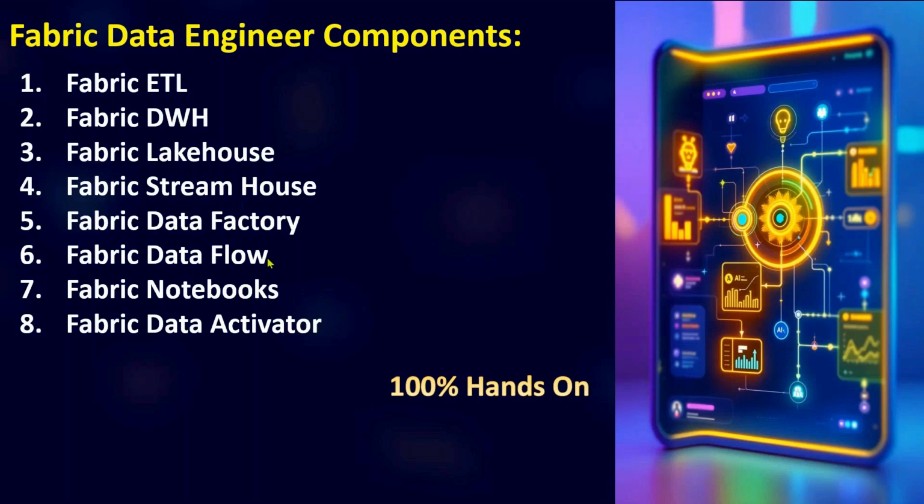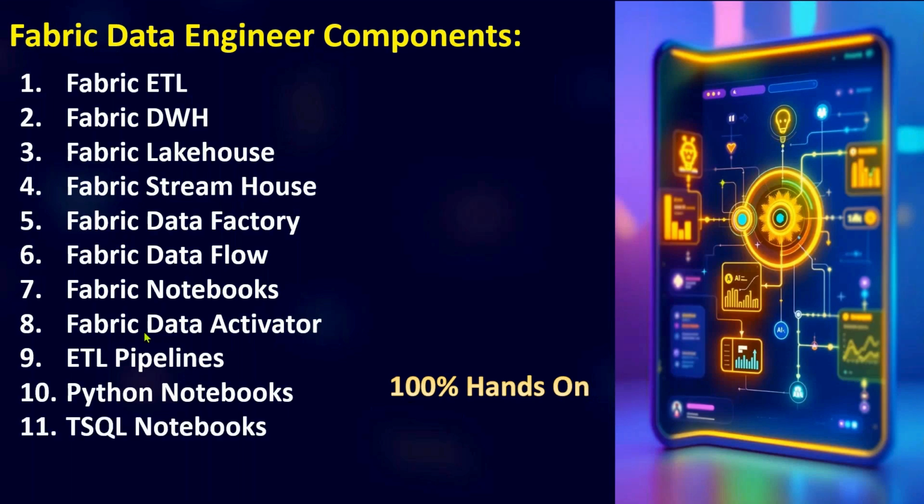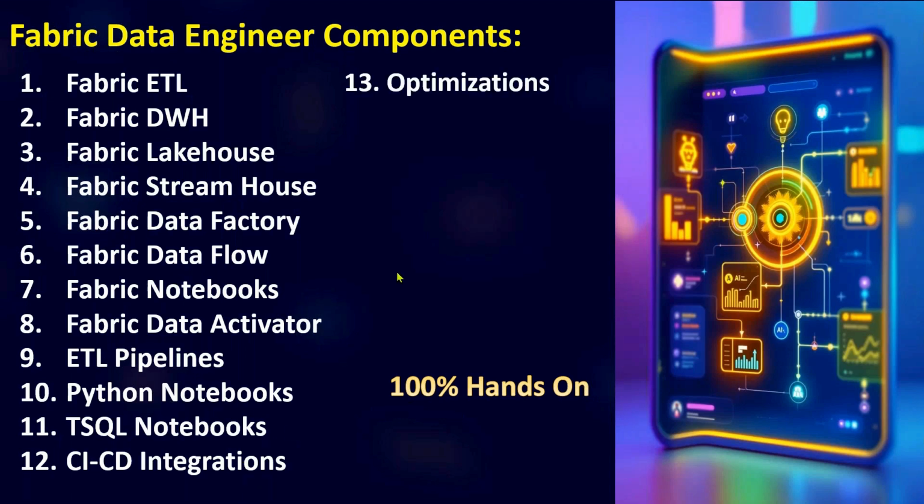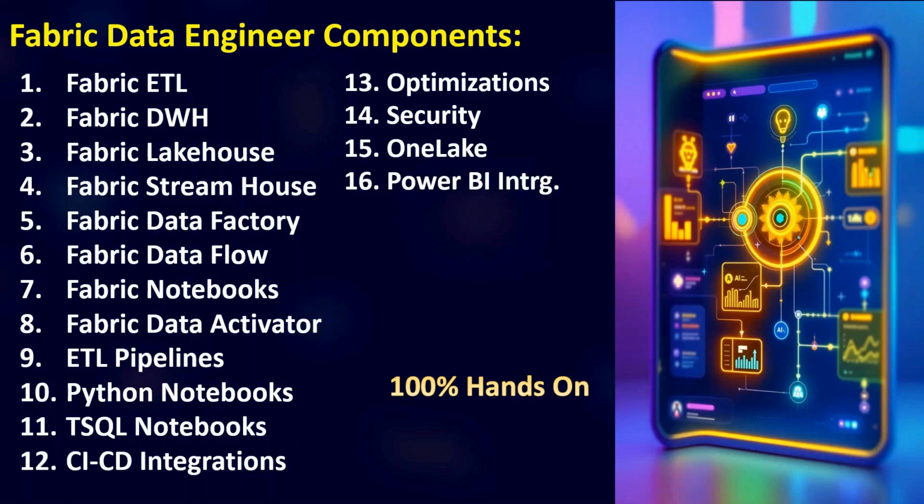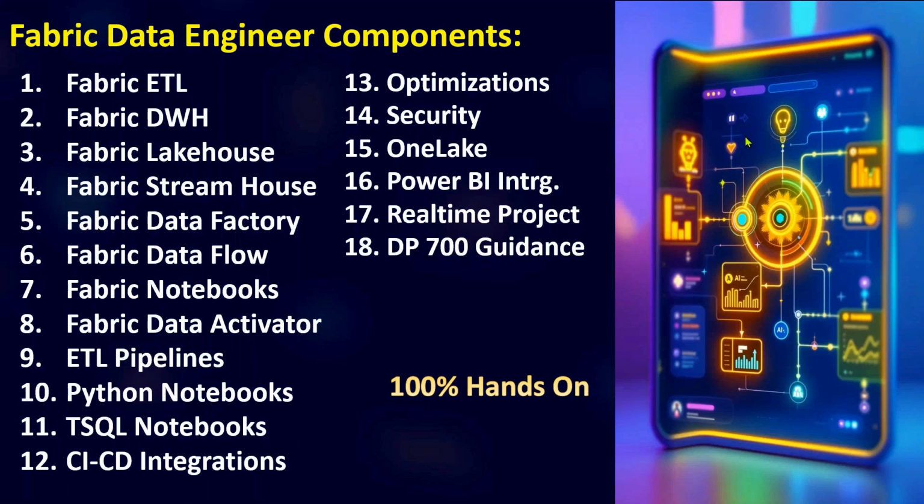We will do it slowly, step by step, with examples. Then data activator, a CCTV camera, pipelines, notebooks, and CI/CD integrations. We need to learn optimization, security, OneLake and Power BI integrations, with project work and DP-700 guidance.